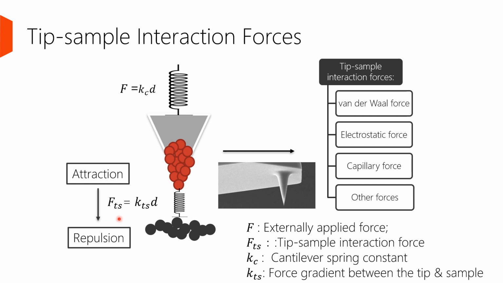If FTS is the tip-sample interaction force, then FTS is equal to KTS times the tip-sample distance. KTS is similar to Kc in the cantilever, but it's not a constant. We call it the force gradient. KTS per se is a function of D.